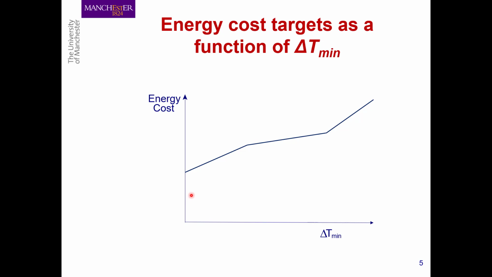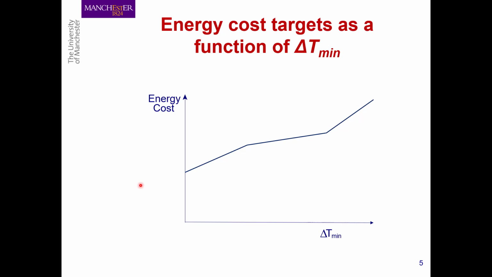If you have a high temperature cold utility, the price will be lower compared to a low temperature utility like refrigeration, where the cost will be much higher. So this non-linearity in the cost of energy with delta T min shows you that different forms of energy are involved in this system. So that is the energy cost.